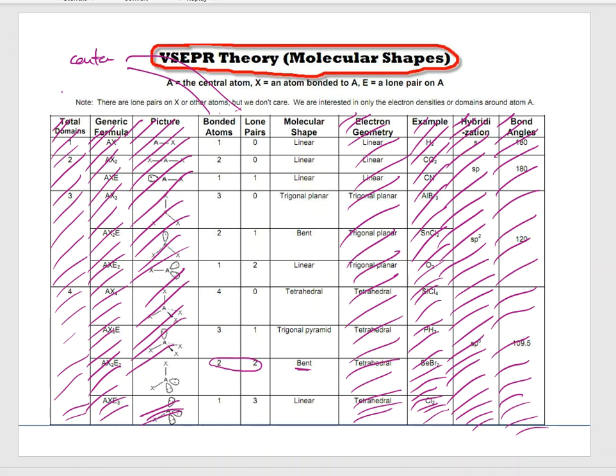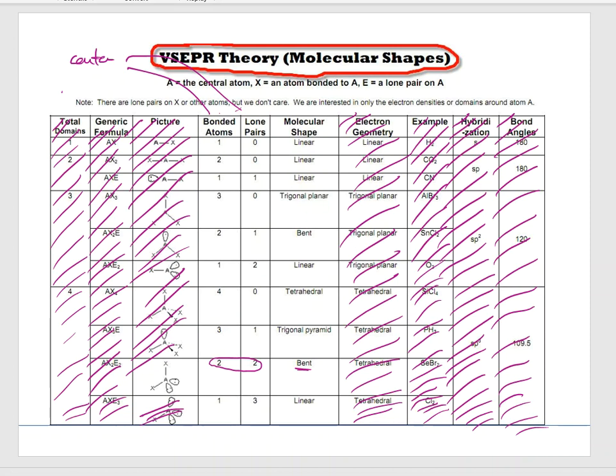But that is a shape that is assigned to the structure if you want to include the two pairs of electrons on this particular type of molecule. That would be called a tetrahedral. But we're only going to be after molecular shape. That is what we want. That's what these questions will be asking about. So knock off that other column. You don't need it.